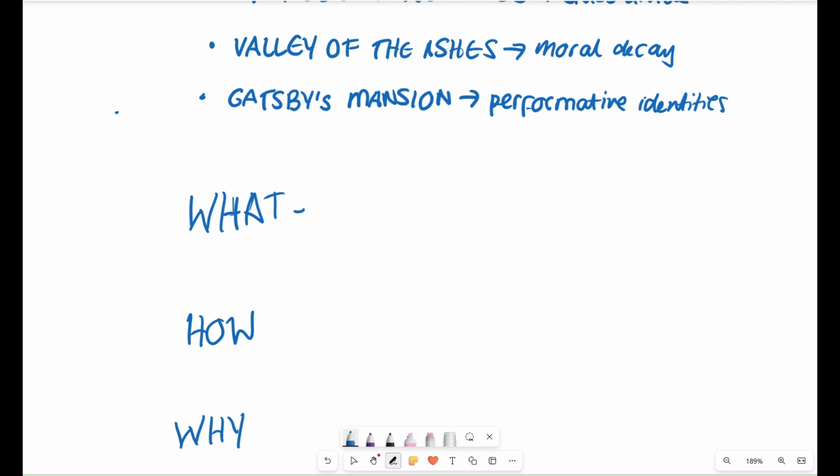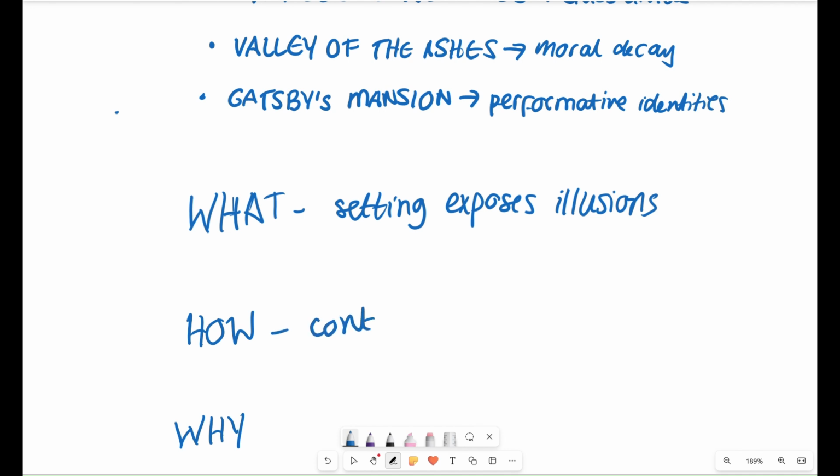Our what is the setting exposes illusions. And by that I mean the illusions of the characters' identities. How does he do it? Let's say contrasting settings.